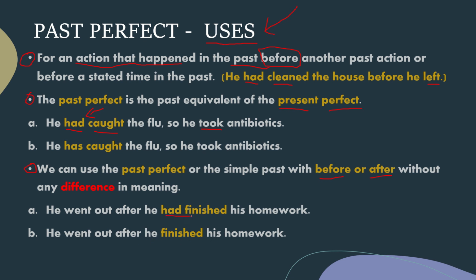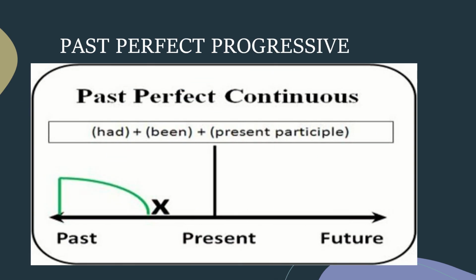You can say either one. You can even say he went out before he finished his homework, or he went out before he had finished his homework. So you can use the past perfect or the simple past with before or after without any difference in meaning.